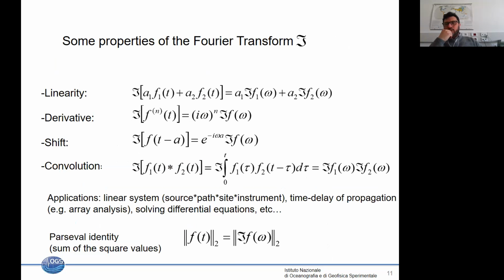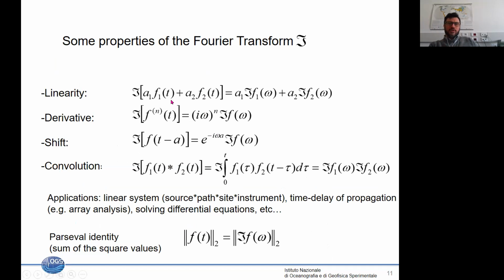The Fourier transform also has some important properties that in seismology are used very often and are very helpful, especially for simplifying some of the calculations that we are doing in our daily routine.